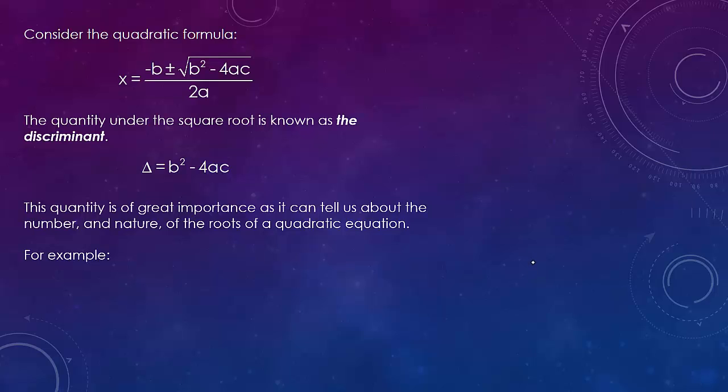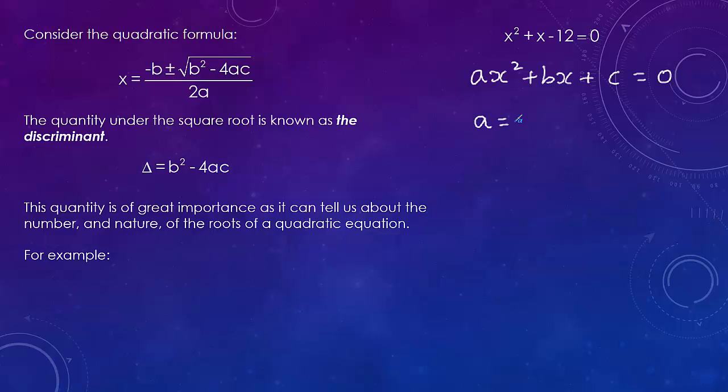For example, if we have x squared plus x minus 12 is equal to 0, and we compare it to the general quadratic, ax squared plus bx plus c is equal to 0, we can see that a is equal to 1, b is equal to 1, and c is equal to negative 12.